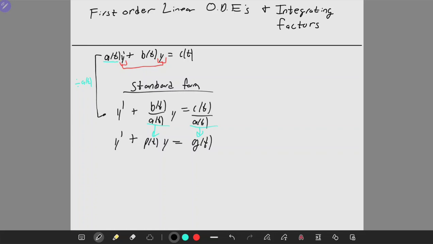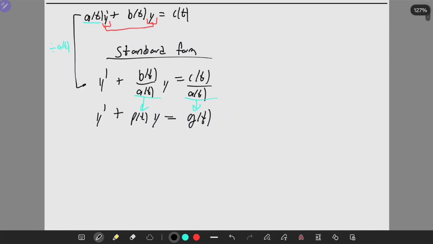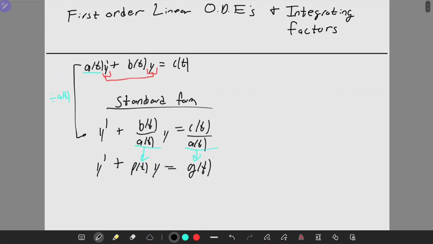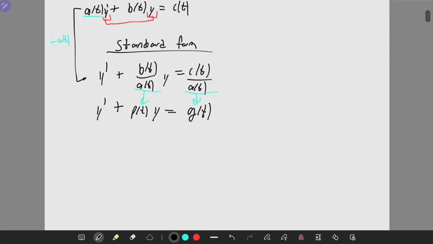Okay, now that we have this in standard form, we can talk about integrating factors. So when you're given an equation like this in standard form, or you might have to make it standard form, we can use what's called integrating factors. The integrating factor is defined as mu is equal to mu of t. This is our integrating factor. So here, let me write this.